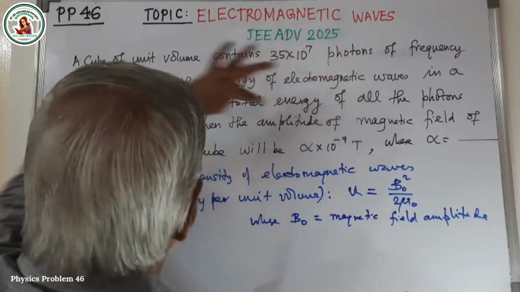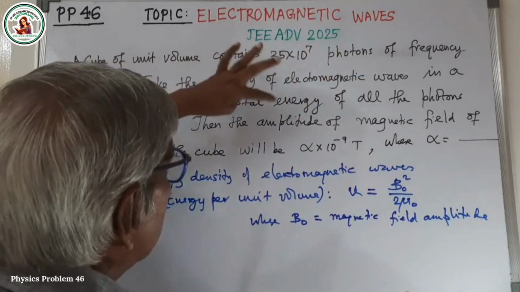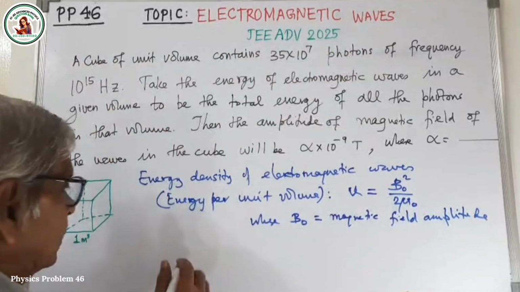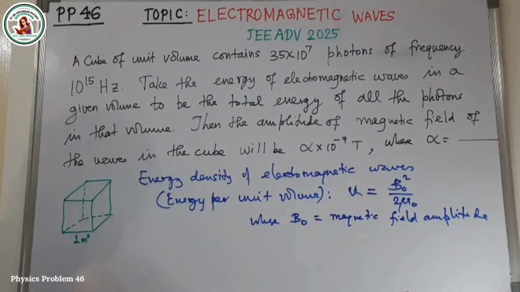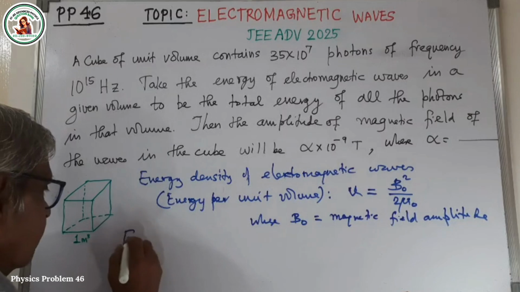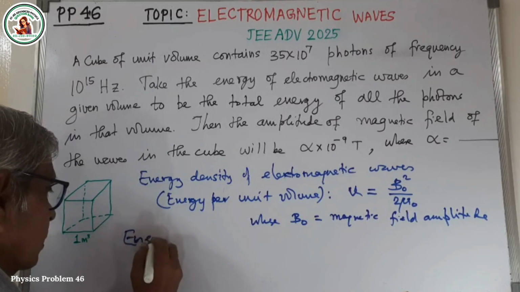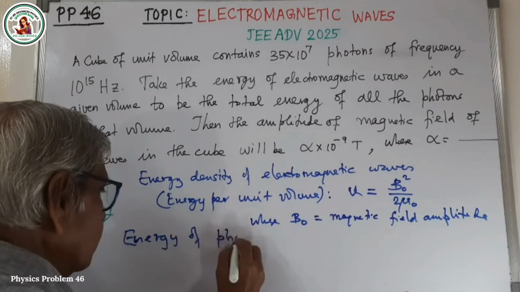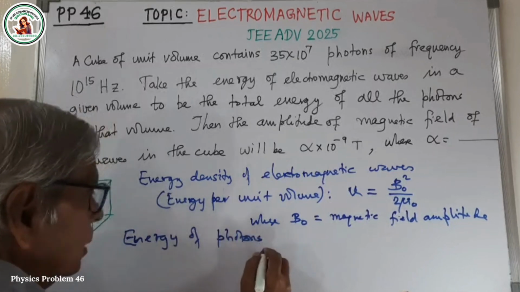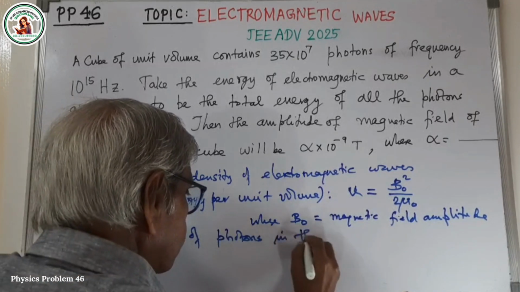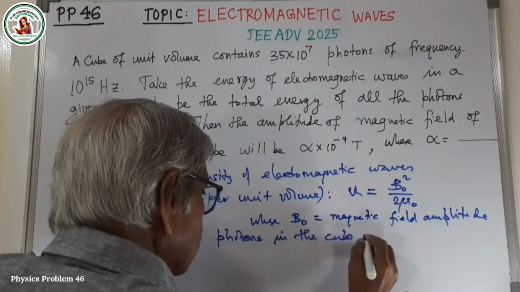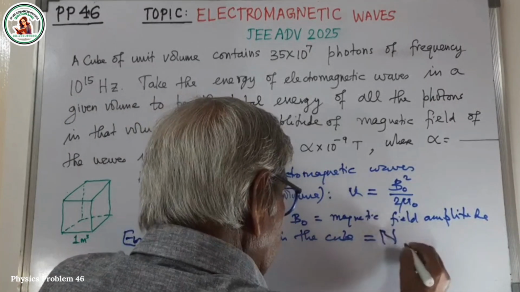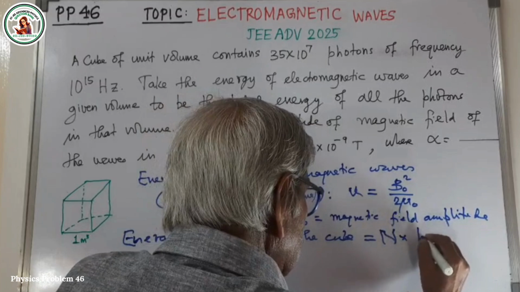Energy of electromagnetic waves in a given volume is the total energy of all the photons. Photon energy is h into frequency. So total energy of photons in the cube is equal to number of photons times h into frequency.